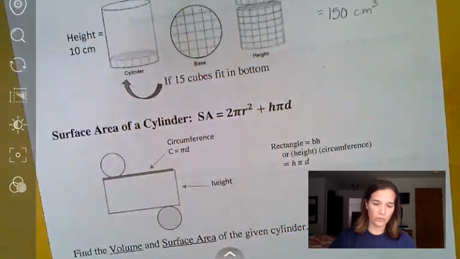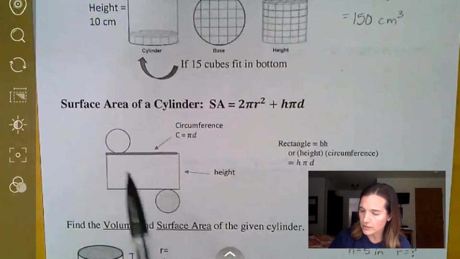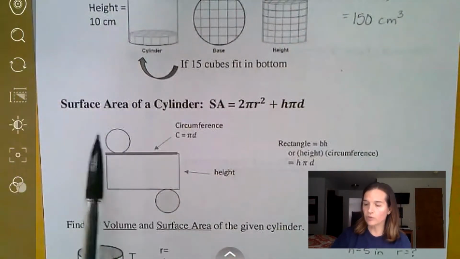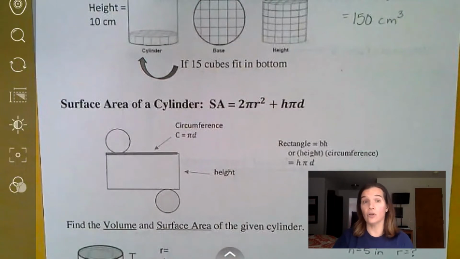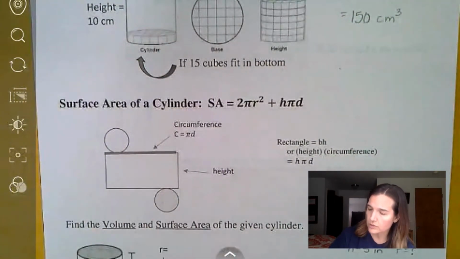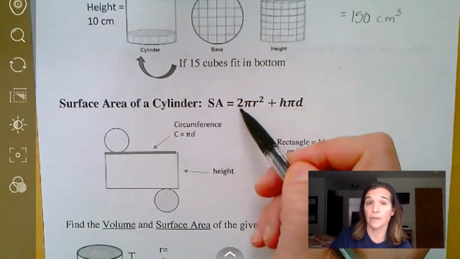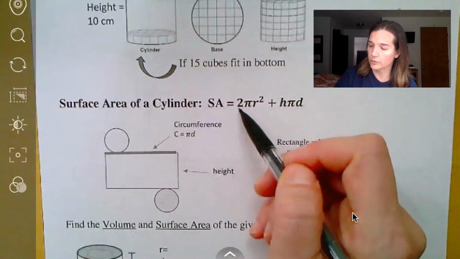So what we're going to do with that is, if we unfold our cylinder, we get our rectangle and our circles. And if we want to find surface area, that means area of all the outside surfaces, we're going to take two circles. And so area of a circle is pi times radius squared, but we have two of them. So we'll find the area of a circle and multiply by 2.